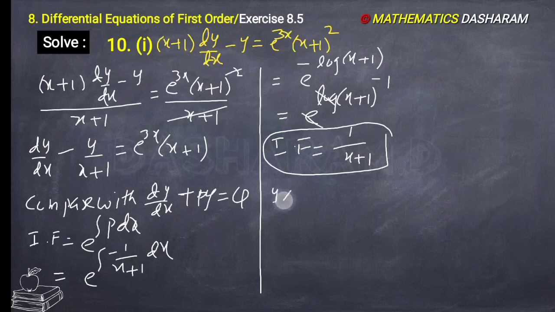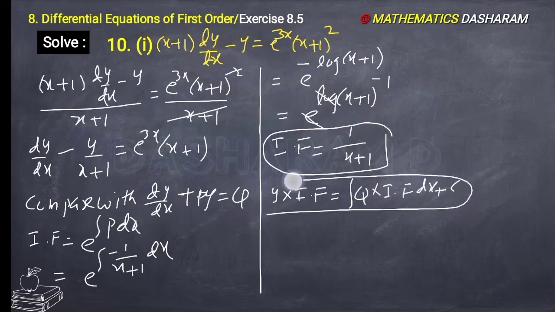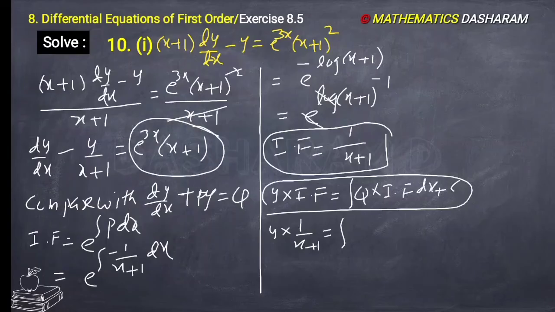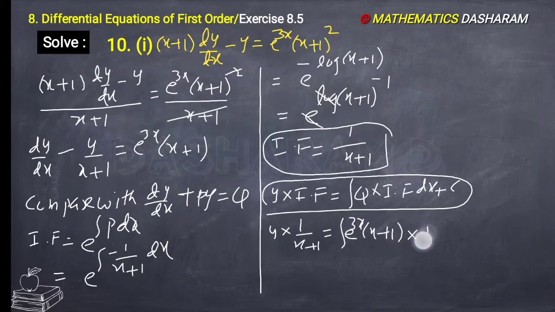Now the formula for the solution is q into integrating factor dx plus c. So y into integrating factor 1 by x plus 1 equals integration, the q value is e power 3x into x plus 1 and into 1 by x plus 1 dx plus c.